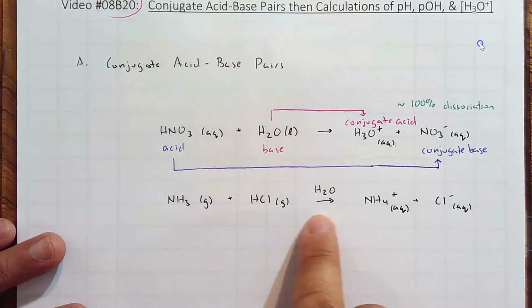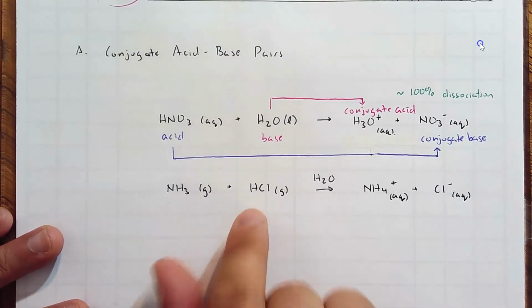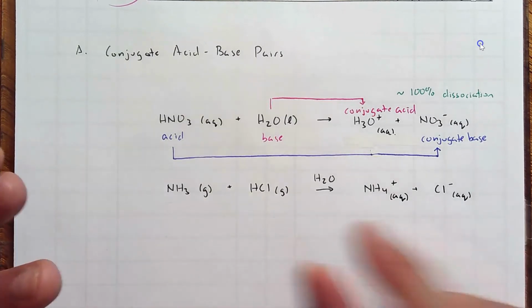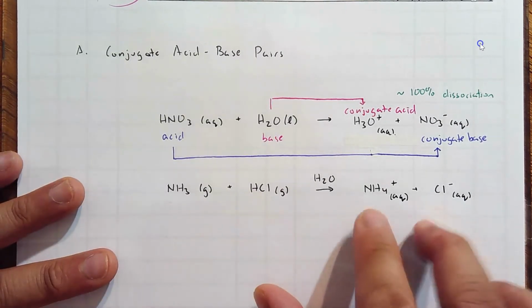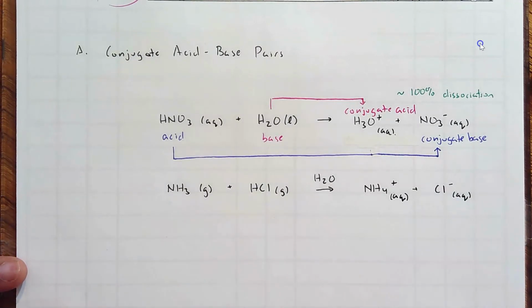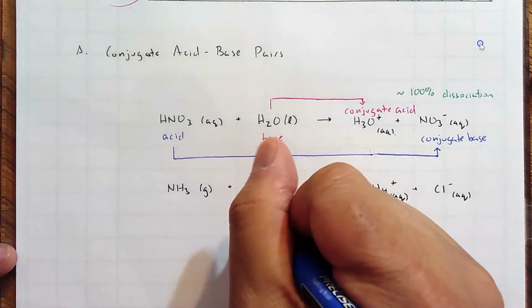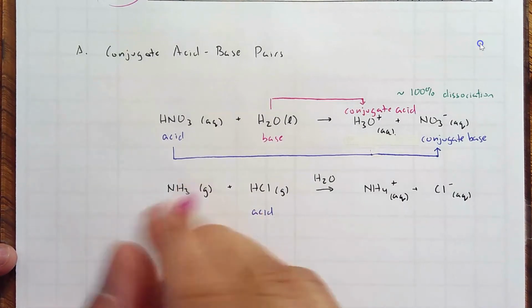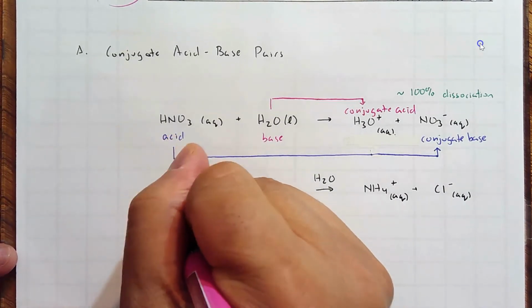You might wonder, why do they put a full arrow? Because HCl is a strong acid. So even though we're not using water, it will fully dissociate and you will make these two products. And we identify the acid and the base. That is our first job. That's the acid. It gave up its proton to ammonia, which is the base.